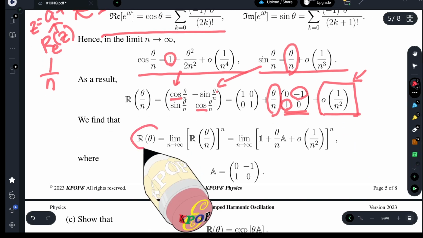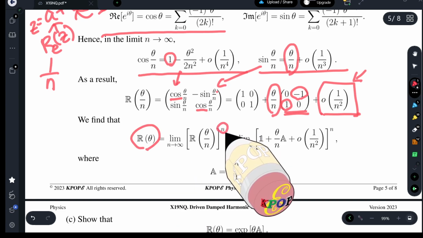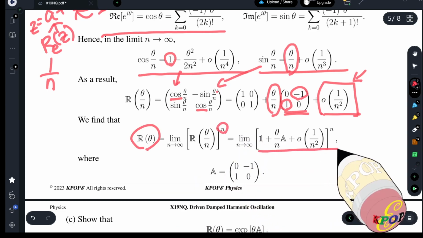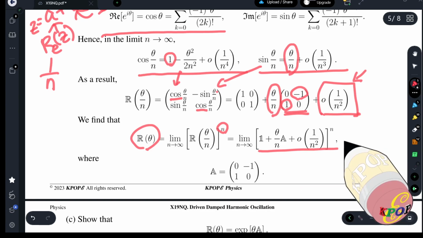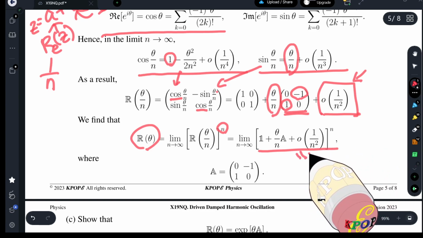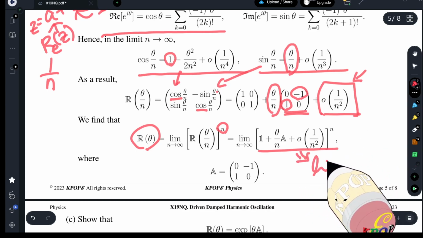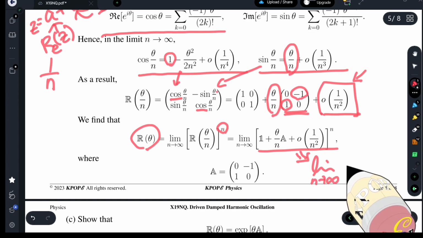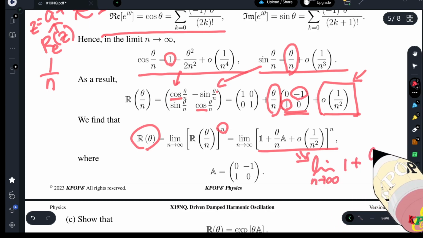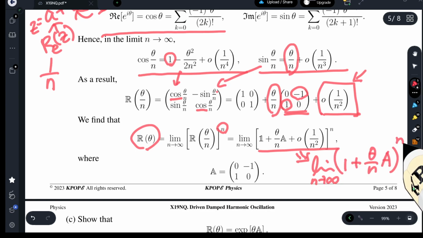If you take the limit as n goes to infinity, this expression collapses into the limit as n goes to infinity of (1 plus theta A over n) to the nth power, a matrix to the nth power. You know what I mean?